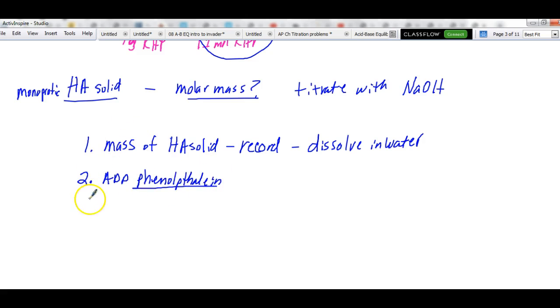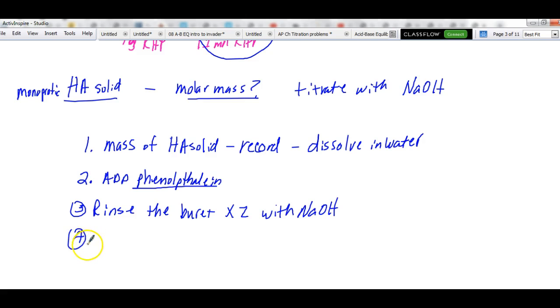Don't forget that. Then we're going to rinse the burette twice with NaOH, fill the burette with NaOH, and record that initial volume.